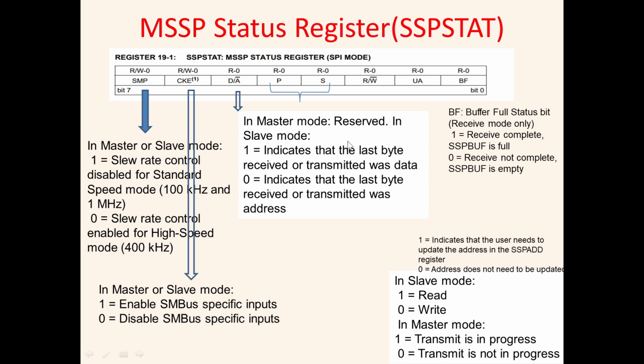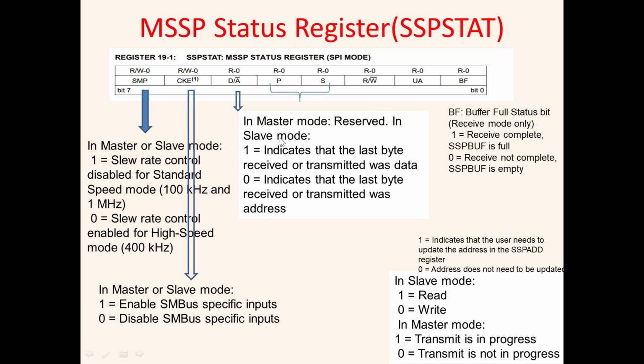Next, as you are initiating the slave addresses, here it is I2C instead of SPI. In I2C, data and addresses are indicated. The data/address bit, if you are using master mode, is reserved.